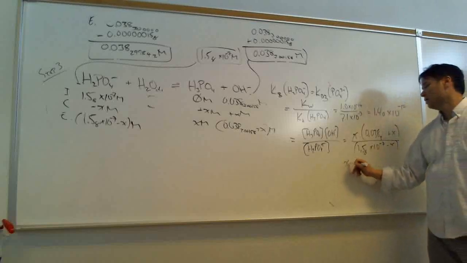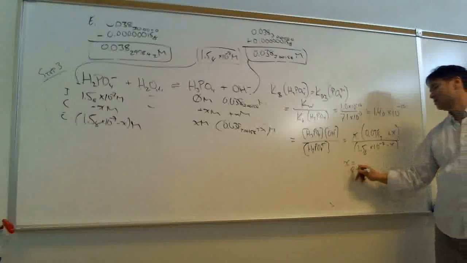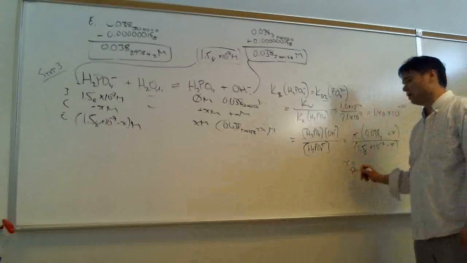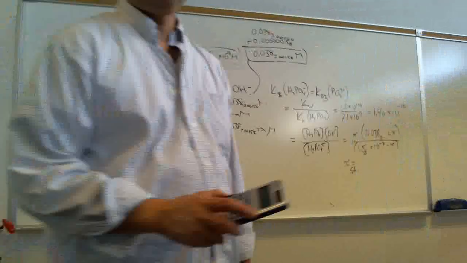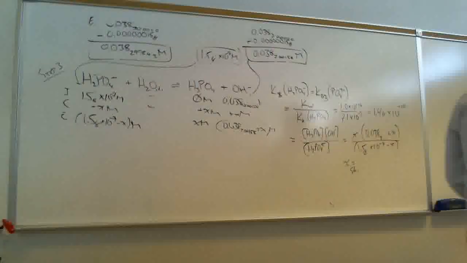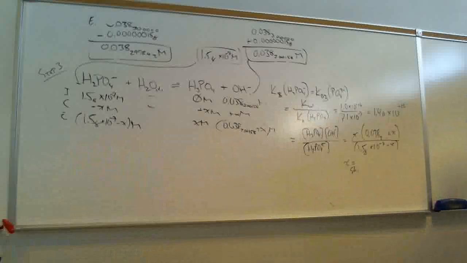And so let's calculate x. I'm just going to go ahead and use the simplifying assumption because it's such a quick calculation. It doesn't take much time, and we can check it right away. So we got 1.4 times 10 to the minus 12 times 1.58 times 10 to the minus 7 divided by 0.0383.